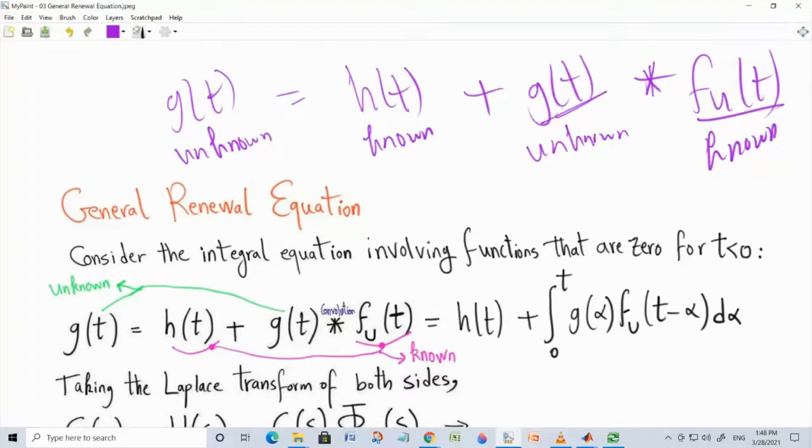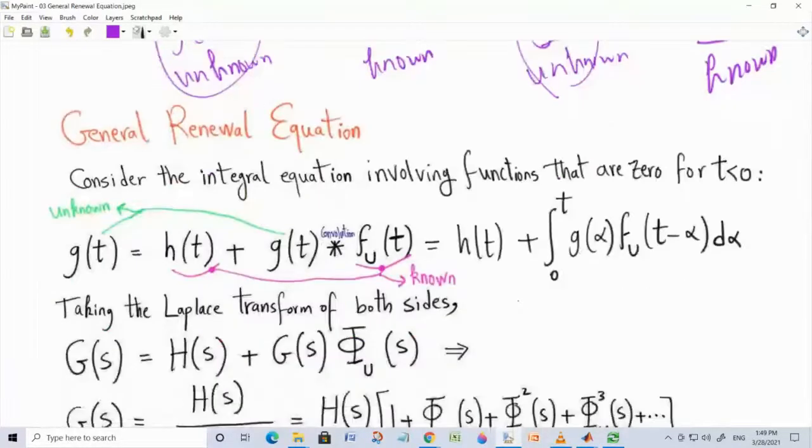That's an integral equation, because if everything on the right were known, we would know what g of t is. But the problem is that g of t is here and also there, and it's an integral equation because the convolution is this integration.